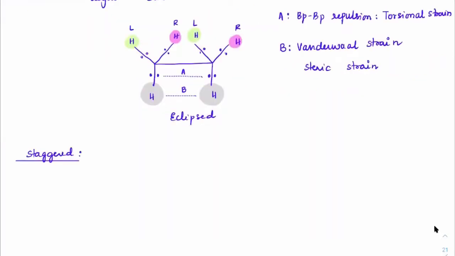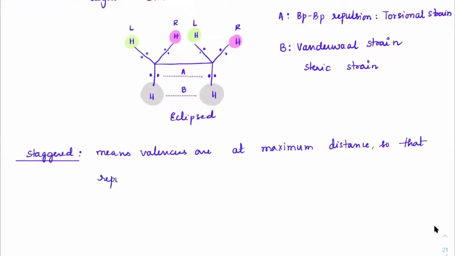Okay. Write down staggered. Staggered means valencies are at maximum distance, so that the repulsions will be minimum.